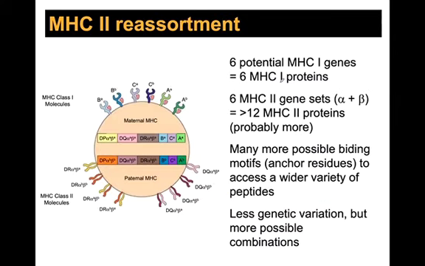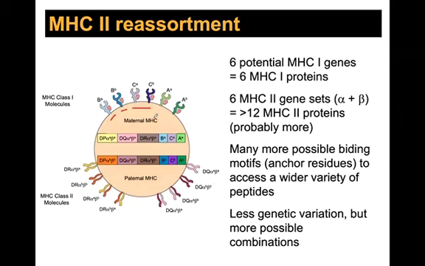But here's one extra twist. Because MHC2 is less polymorphic, there's less variation in the population, they have a trick where they'll start to mix and match. So for MHC class 1, if you have 2 different variants at the B allele, HLA-B, you can have 2 different MHC1.